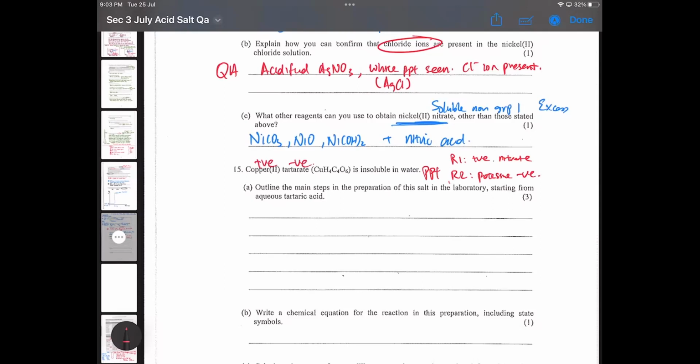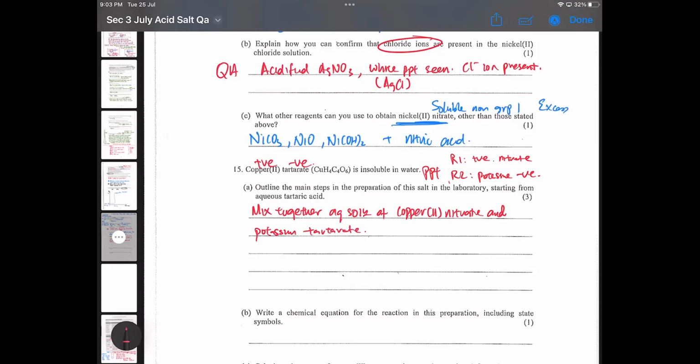We will just say: mix together aqueous solution of, okay, so for reagent 1, positive ion with nitrate, so this one will be copper-2 nitrate, and reagent 2 will be potassium tartrate.